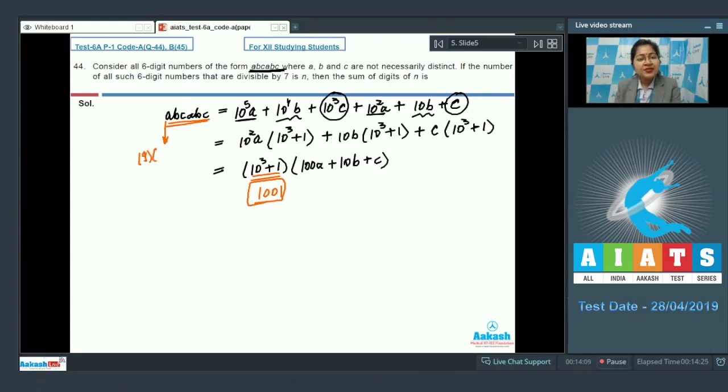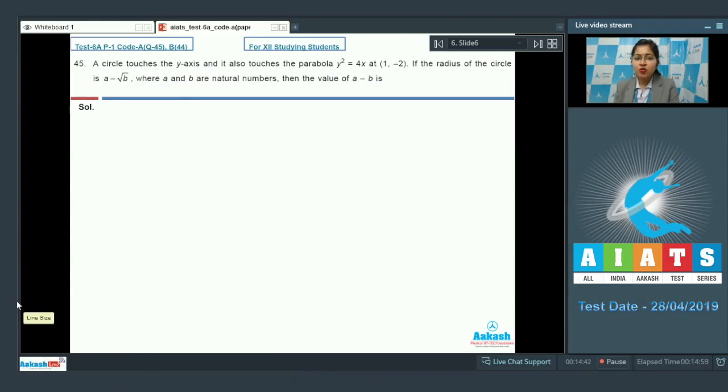B can take any number from 0 to 9, so it has 10 possibilities. Similarly, C also has 10 possibilities. So we have in total 900 such numbers. The sum of the digits of n is 9 plus 0 plus 0, that is 9. So the answer of this question will be 9.